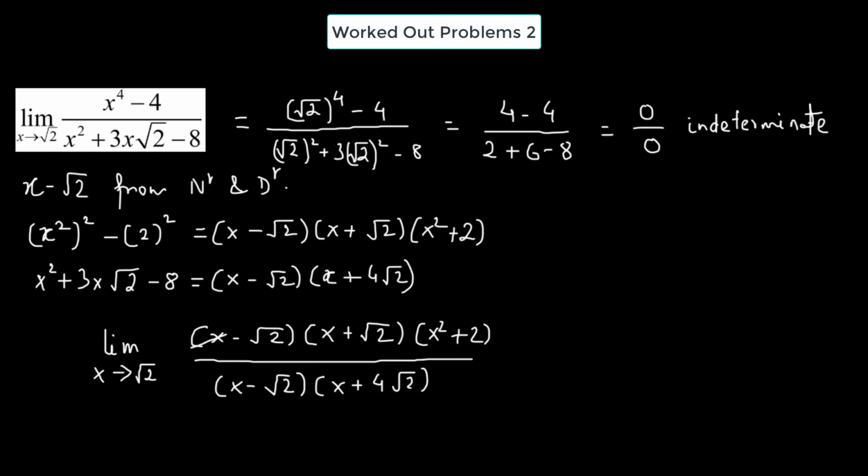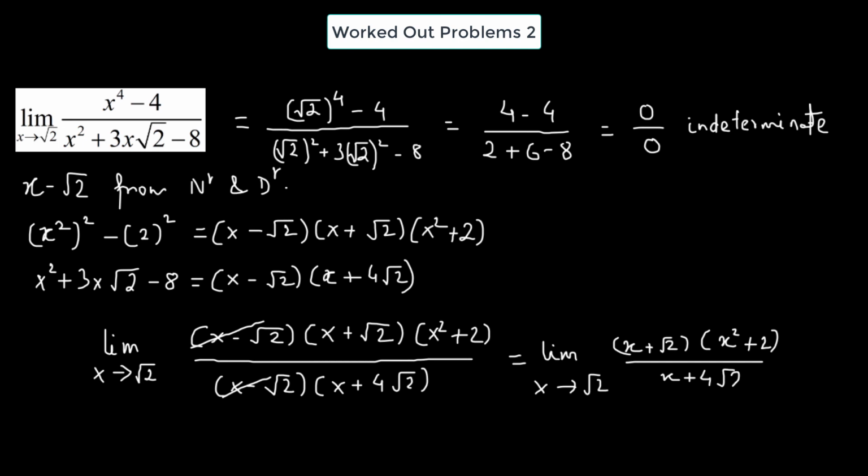So we can factor out the common factor x minus root 2 from both the numerator and the denominator, and that leaves us with limit x going to square root of 2 of x plus root 2 multiplied by x squared plus 2, divided by x plus 4 root 2.